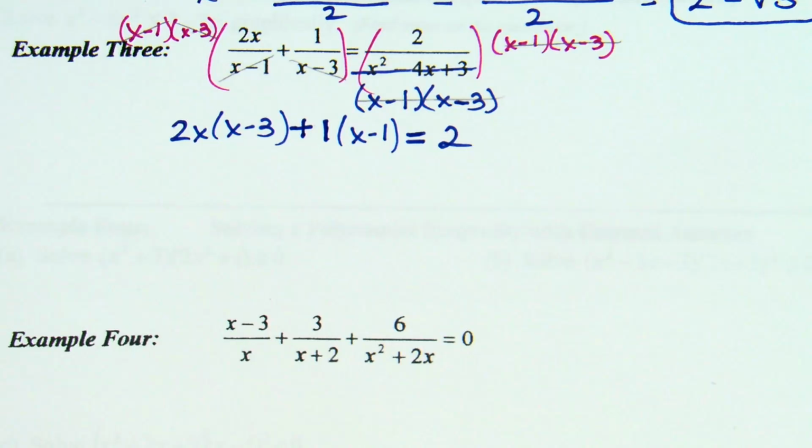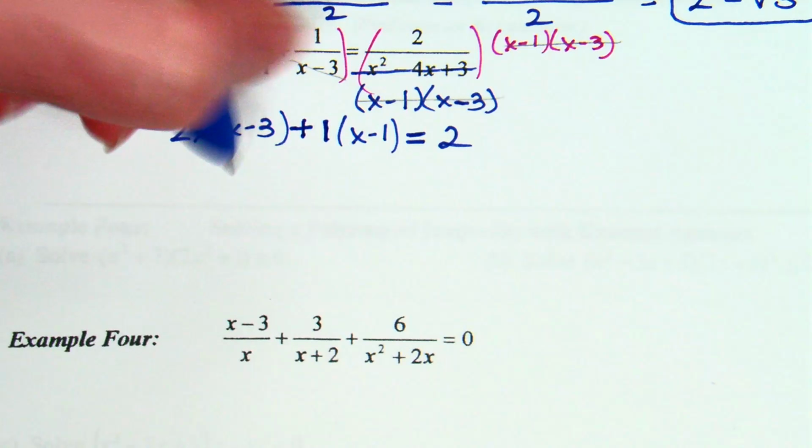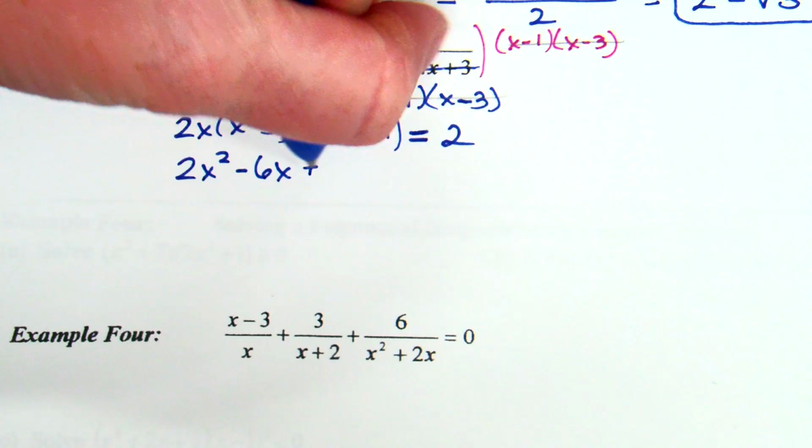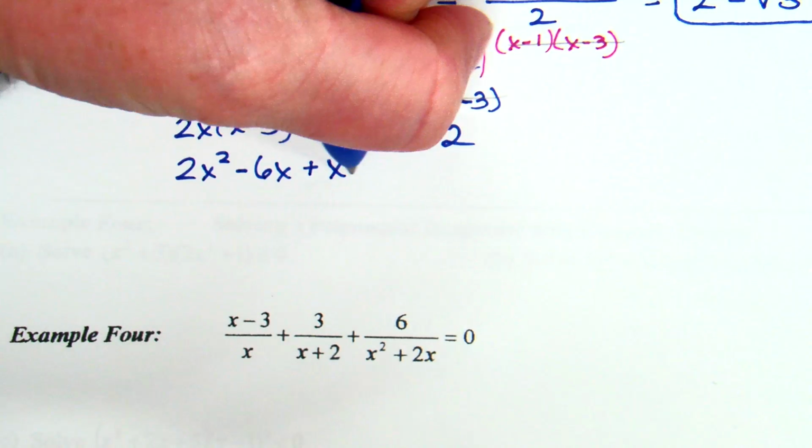What would you like to do to work on solving this? Distribute. So when I distribute, I have 2x squared minus 6x plus x minus 1 equals 2.